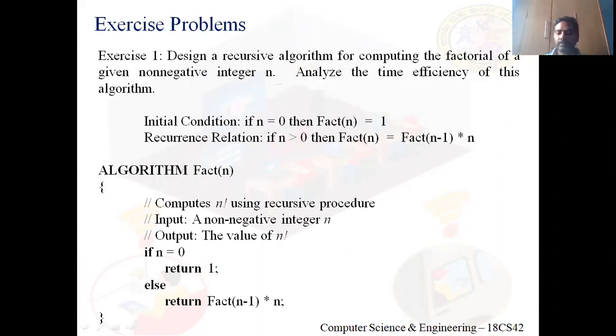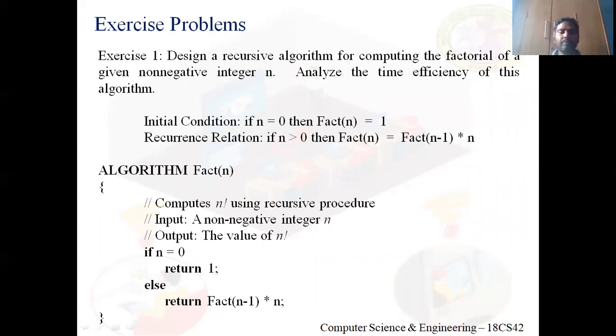Assume m of n is the function that gives the number of times the basic operation, multiplication, is going to be executed. Now suppose n is 0. Have a look at the algorithm. Tell me, is any multiplication going to be performed? No. If n is 0, it directly returns 1 to the invoker.